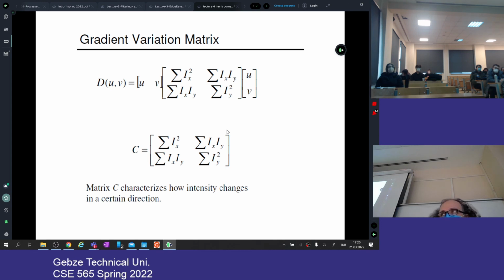If there are two eigenvalues, there is a corner. If there is a single one, then there is an edge. If there are none, then there is a flat region. Next week, I'm going to show you the mathematics of this equation, which is not that difficult actually. Maybe you already saw it.